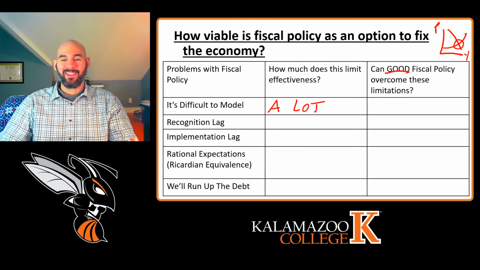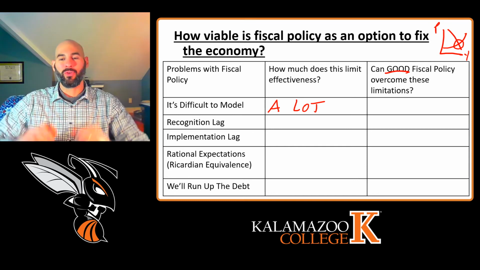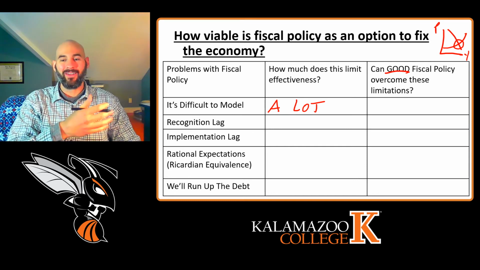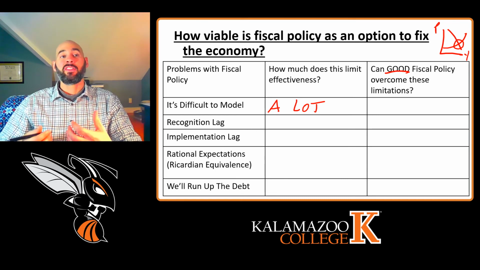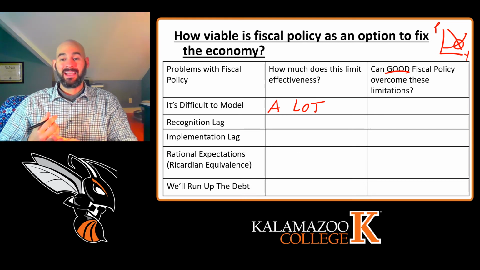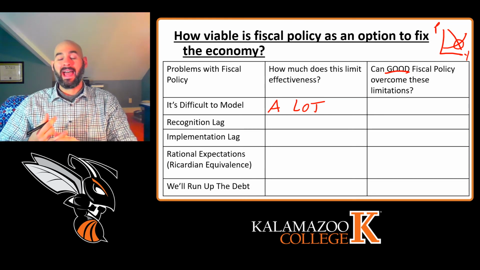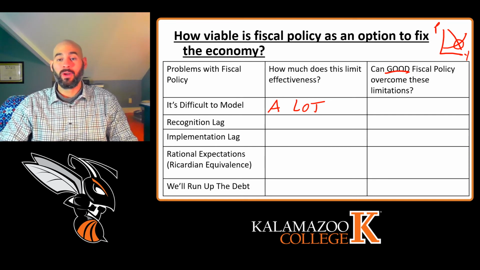The Greek mythology of the guy pushing the boulder up the hill only to have it fall down every day. So it's a virtually impossible task to do it perfectly. However, as we've said earlier in this class, specifically when thinking about macroeconomic modeling, we don't want the perfect to be the enemy of the good. And there are costs to inaction, and we don't have to get it perfect to offer an improvement upon the status quo.